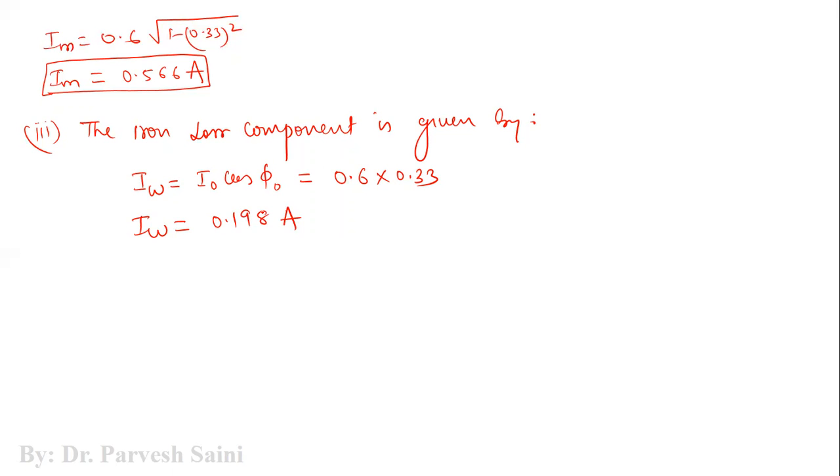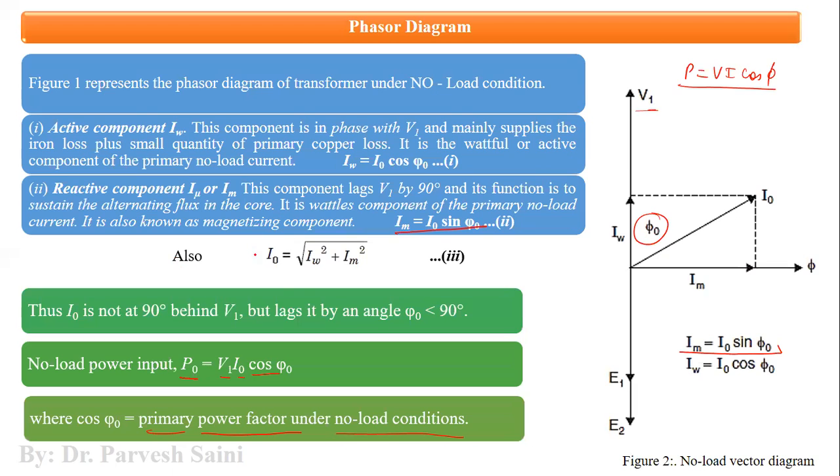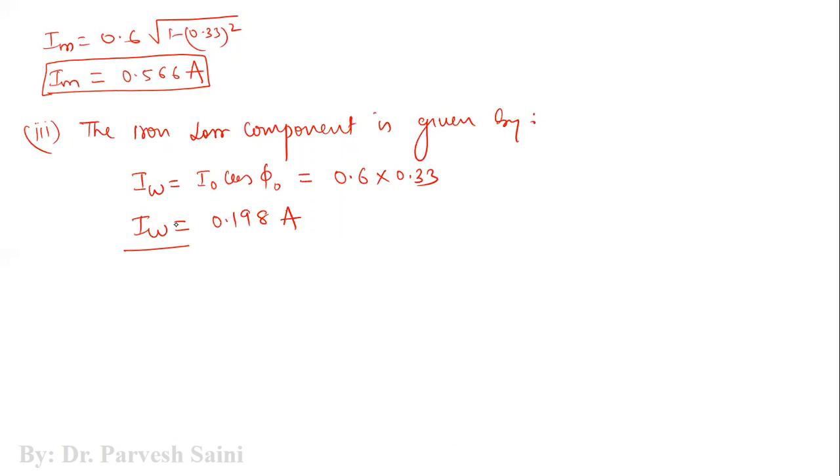Now, if you want, this can also be calculated by using this relationship. We can also use this particular relationship, because I naught is equal to under root Iw square plus Im square. So from here you can find out Iw by rearranging this equation.